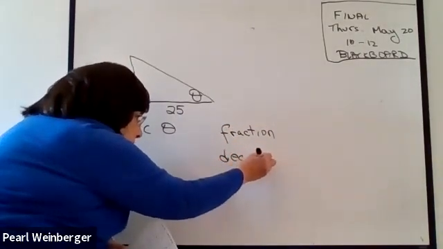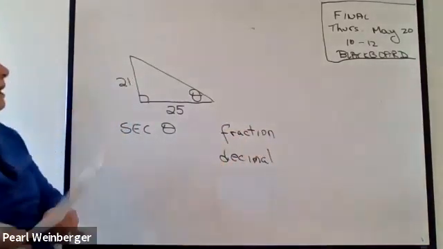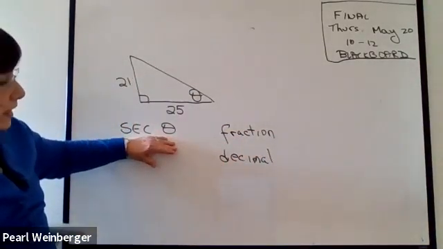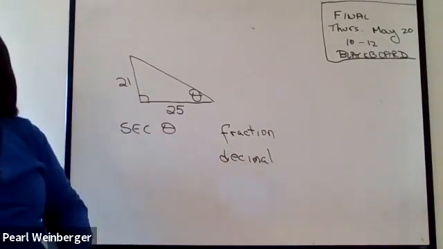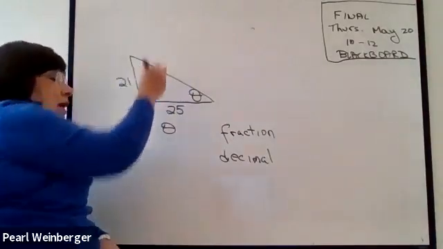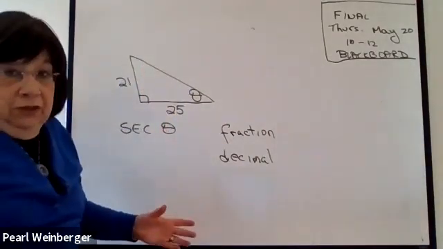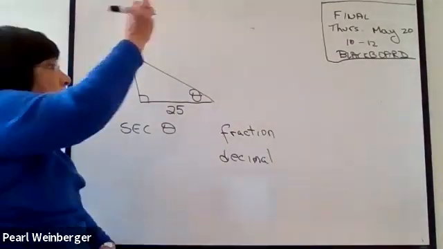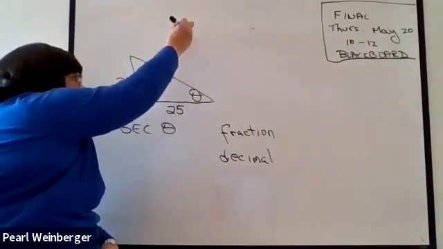How do we find the secant of an angle? There are two things that you must remember. And my feeling is before you start a test that's going to have trigonometry on it, you're going to write these out on the top of your paper. SOHCAHTOA.